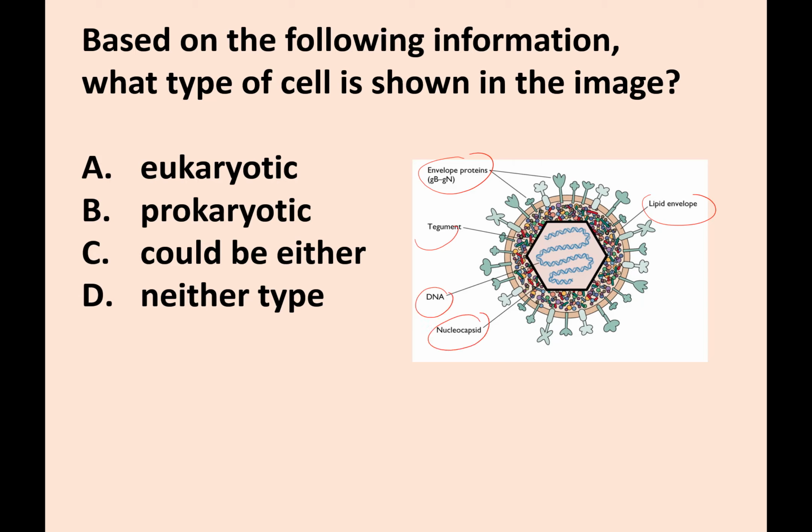It hasn't told us anything about organelles, a plasma membrane or cytosol. This is in fact a virus. This is neither type. A virus is not a cell. A virus is basically a protein and DNA or RNA genetic information, but not a cell. So this one would be hard. You wouldn't see one like this on the test, but I like to challenge you in class.